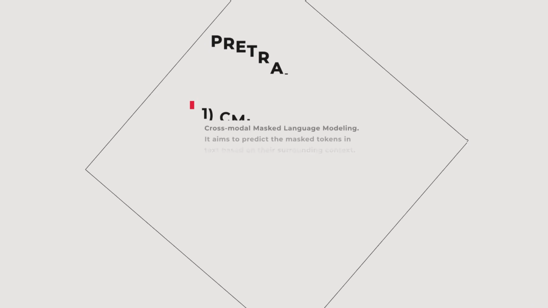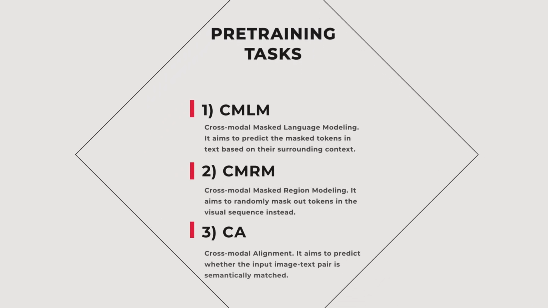Let's go through the three most commonly used cross-modal pre-training tasks. First, the cross-modal masked language modeling, CMLM, extends the masked language modeling from BERT pre-training to the multimodal setting, for learning the contextualized vision-language representation, utilizing the attention-based VLIM.